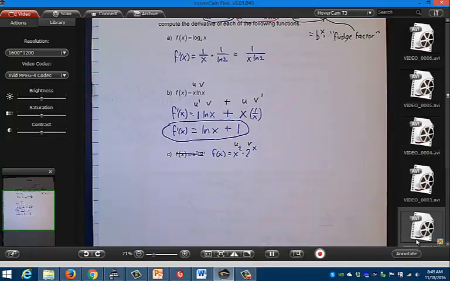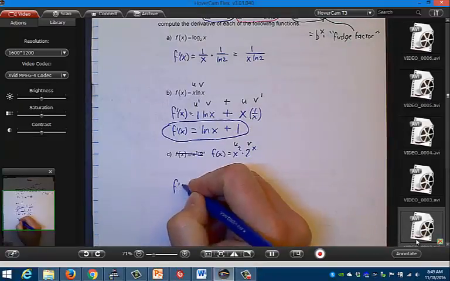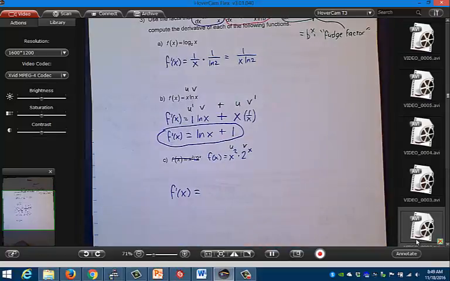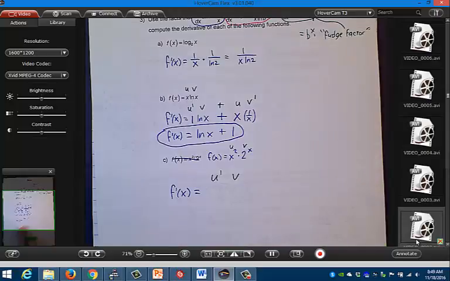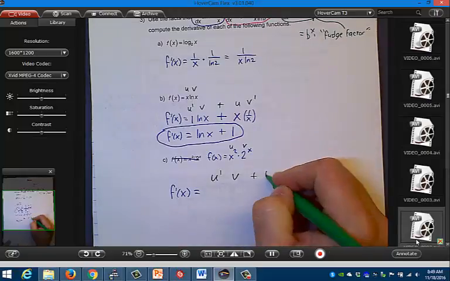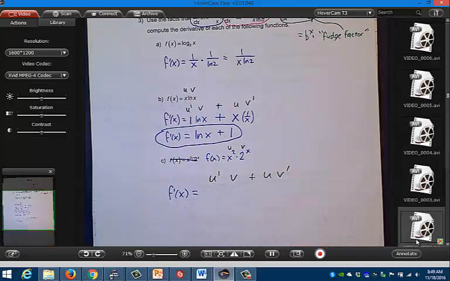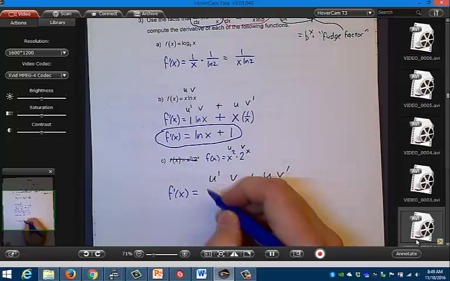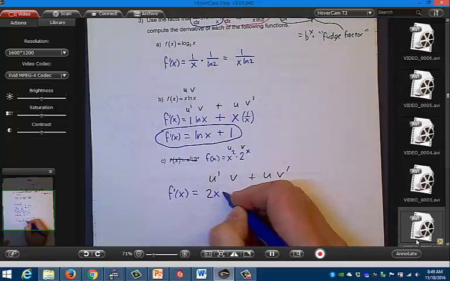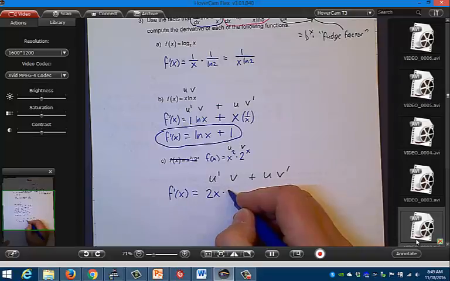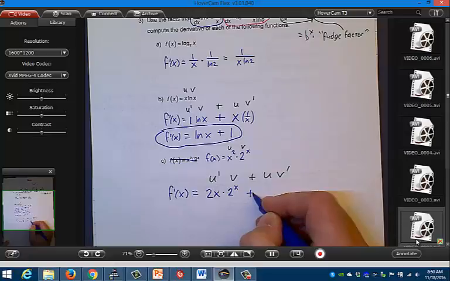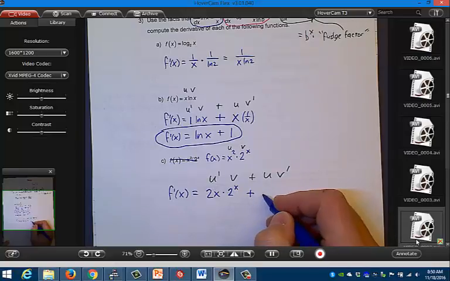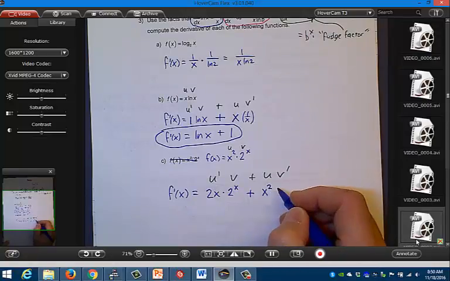Okay. And I'll pause and see if you guys can get it. Let me work this out. F prime of x equals, so let's see if I do u prime v, let's see if you got that piece right, and then we'll do the uv prime. So u prime v, did you guys get 2x times 2 to the x, right? Plus, now u is x squared, v prime.